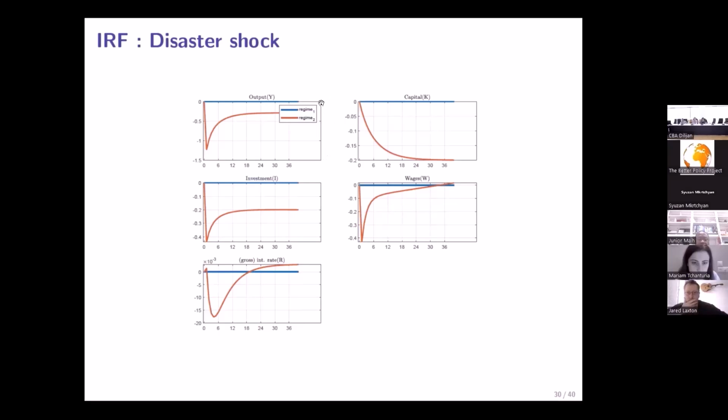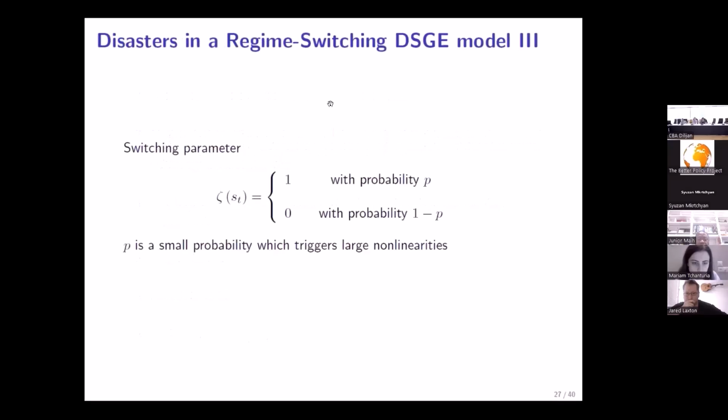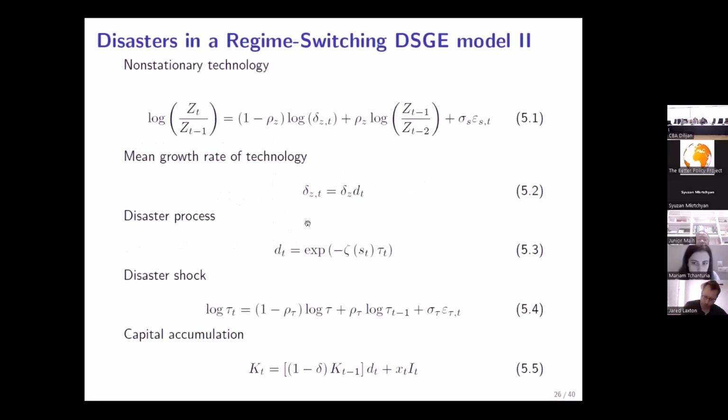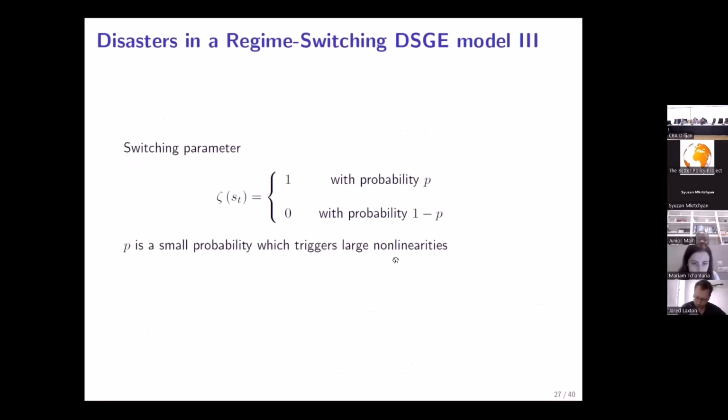This is a disaster shock. The blue line is the normal regime, the situation in which zeta is equal to 0. If zeta is equal to 0, irrespective of what happens with tau, it doesn't affect d, and so we are still fine.